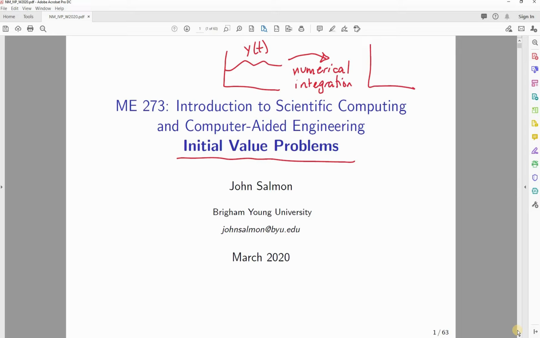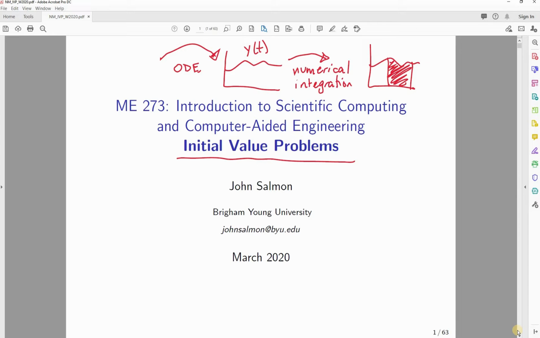And that's going to give us some sort of area under the curve. But there's something else that can get us this function, okay? And this is called ODEs, or ordinary differential equations, okay?